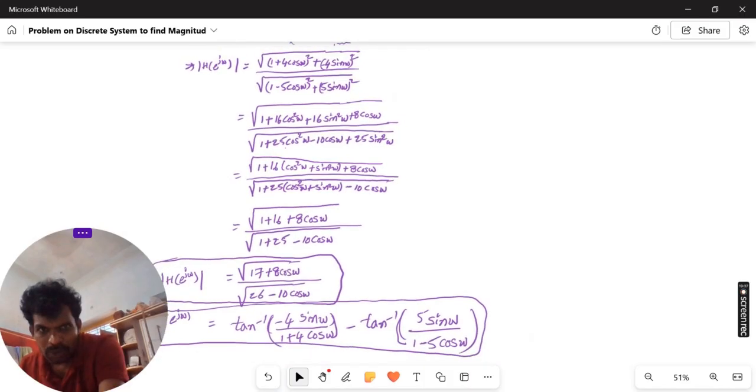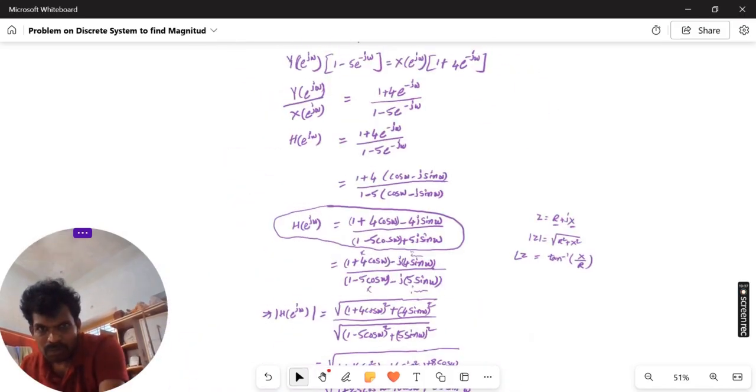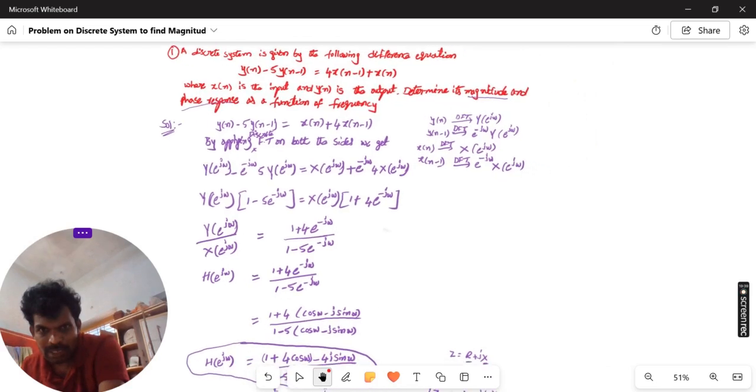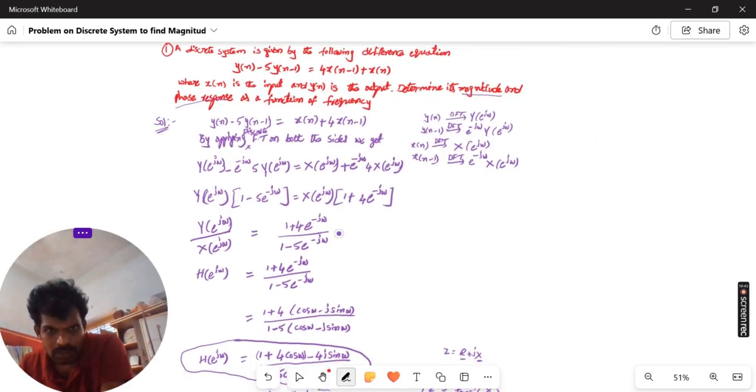First of all, while doing any problem, we should write the given: what is given and what we are going to find out. So given is a difference equation, and we are going to find out the magnitude and phase response.